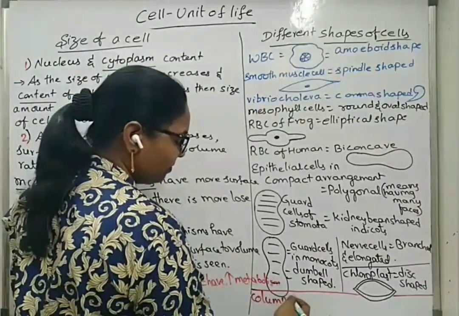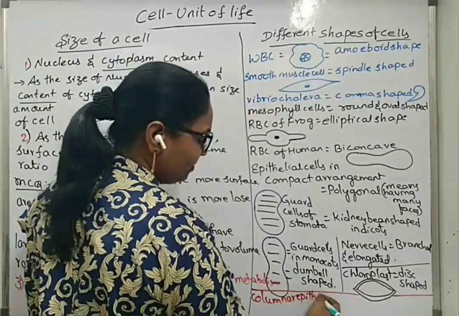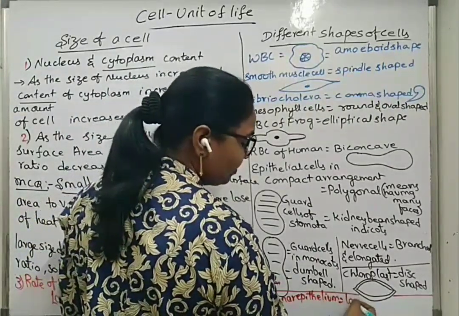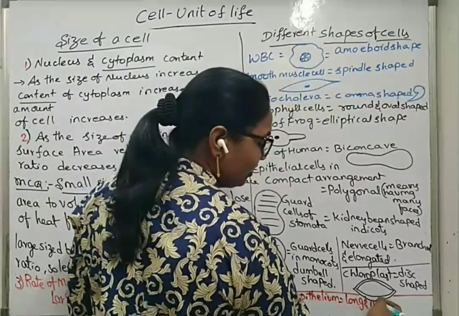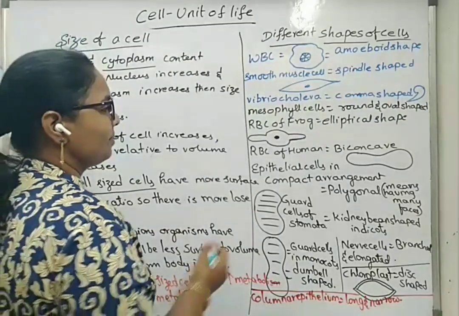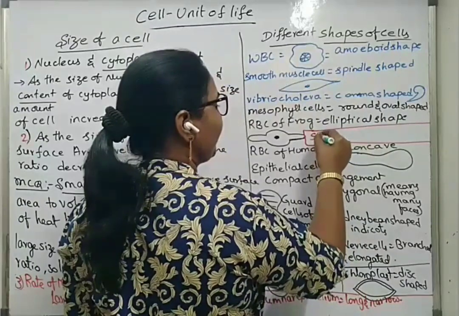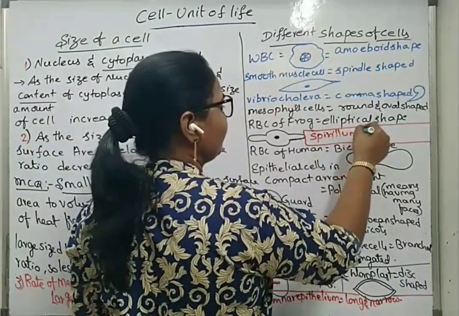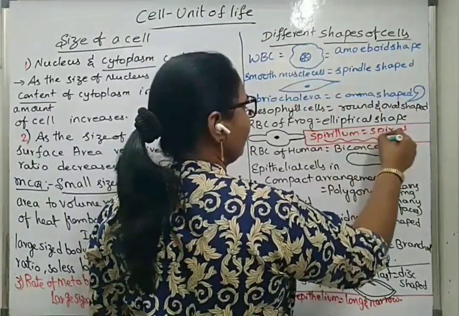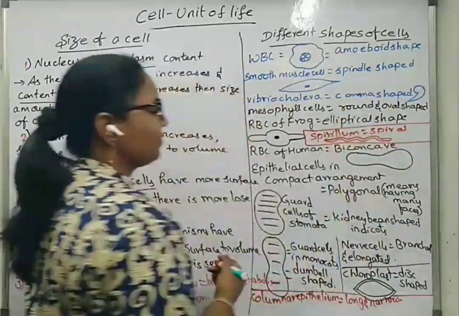Columnar epithelial cells are long and narrow. Next, spirillum. This is spiral in shape. This type of bacteria looks like this.